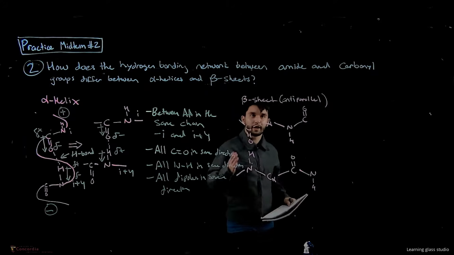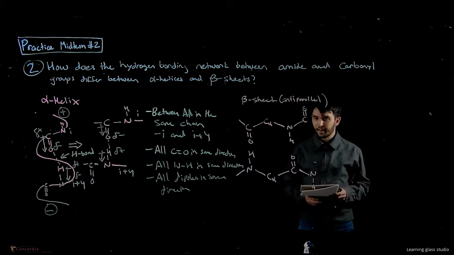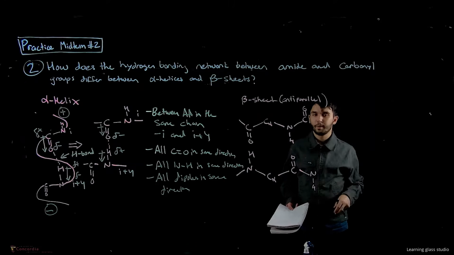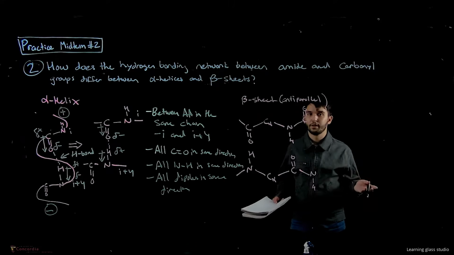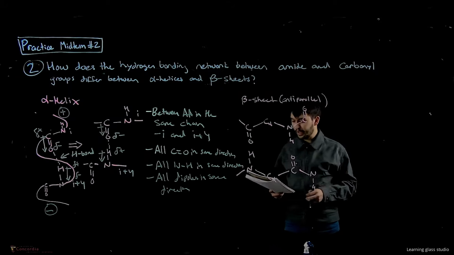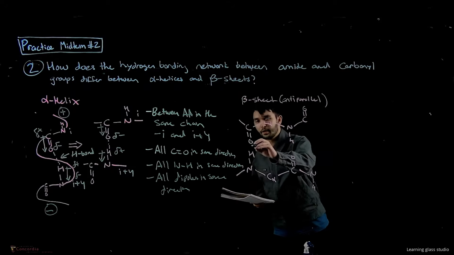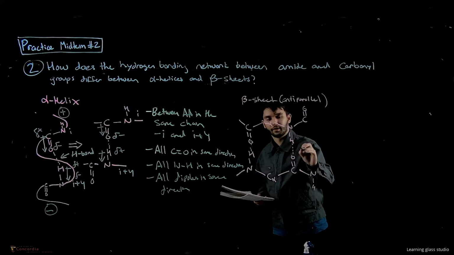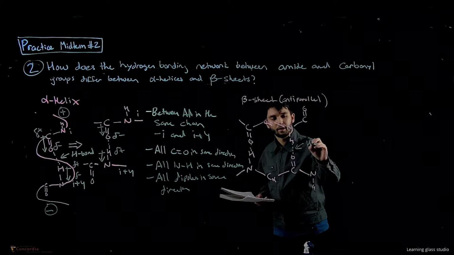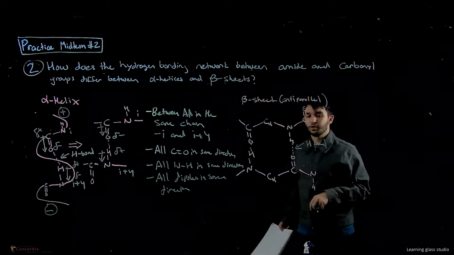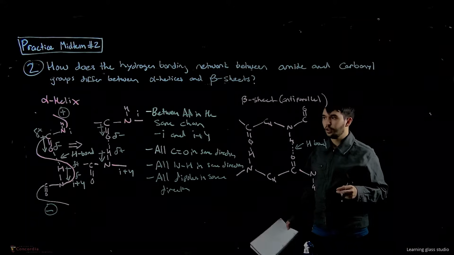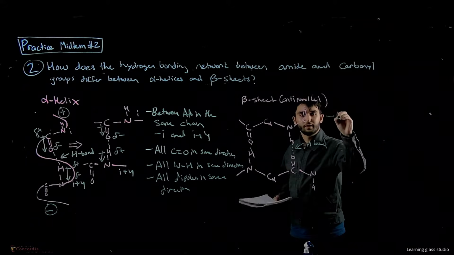Okay. Now looking at beta sheets, we've already looked at this in the last practice exam. I'm just going to show anti-parallel here. If you want to see a comparison between anti-parallel and parallel, look at the last practice exam. So here, the hydrogen bonds occur between the two beta strands.